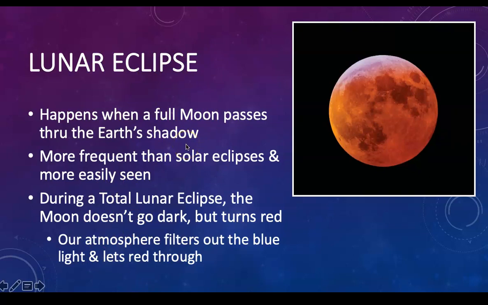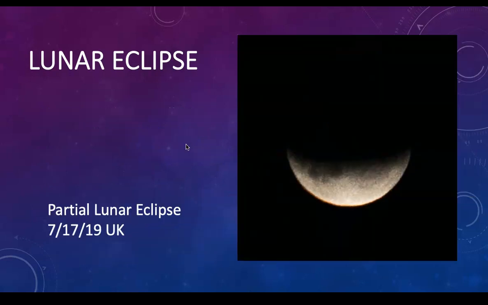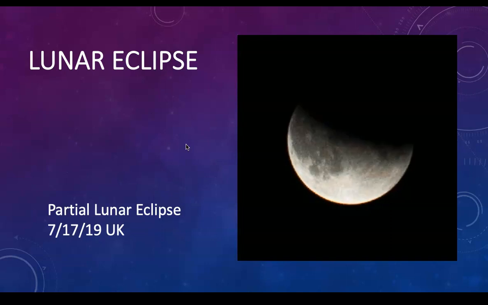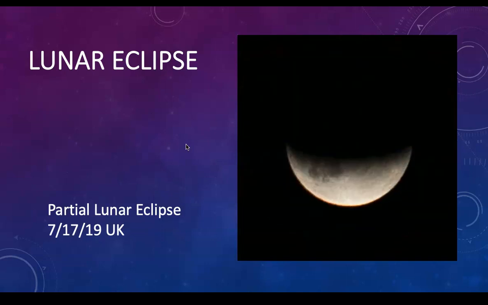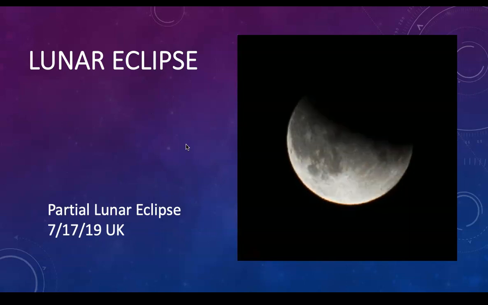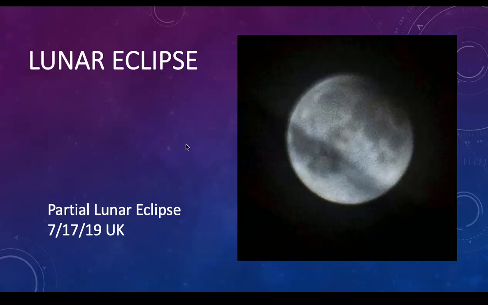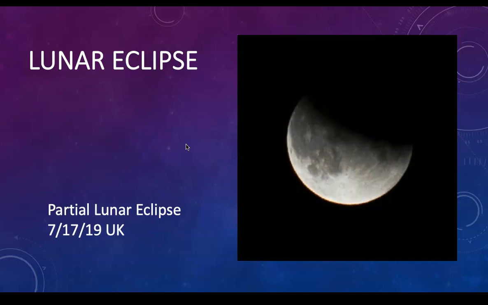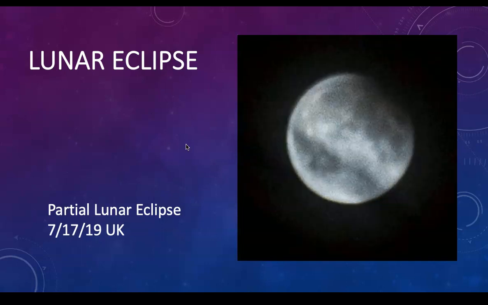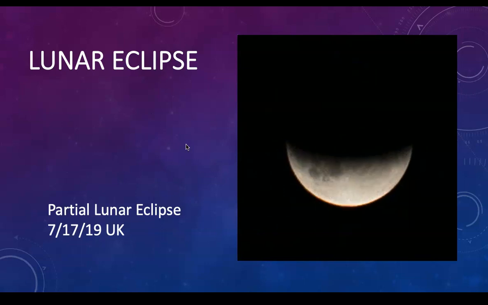I'm sure if I Googled enough I would. But this is somebody recording a partial lunar eclipse. It's a partial because it's not fully obscured in the very beginning here. You'll see, you can still see some moon. It's all timing. Pretty neat.